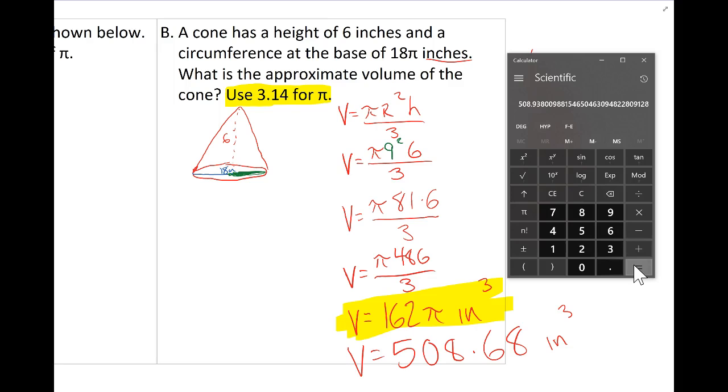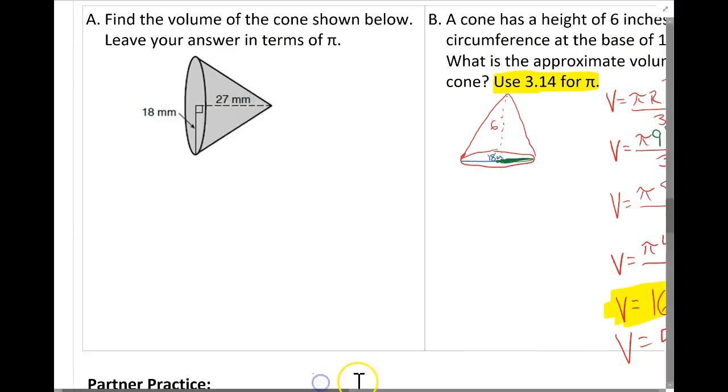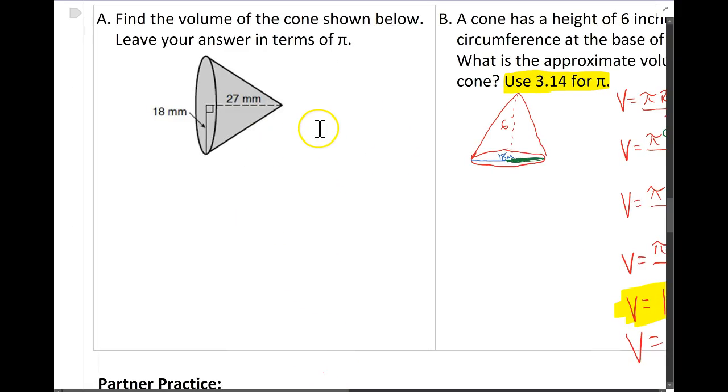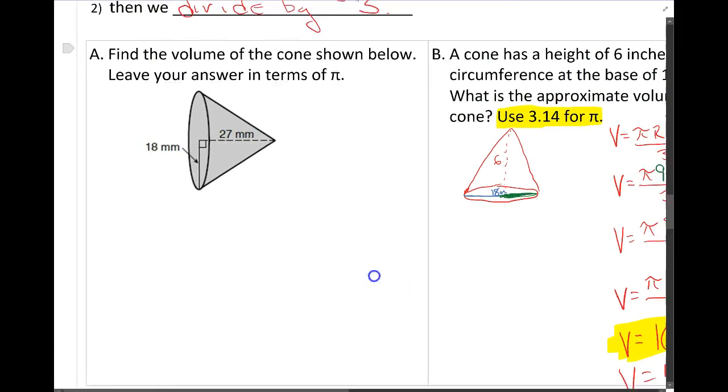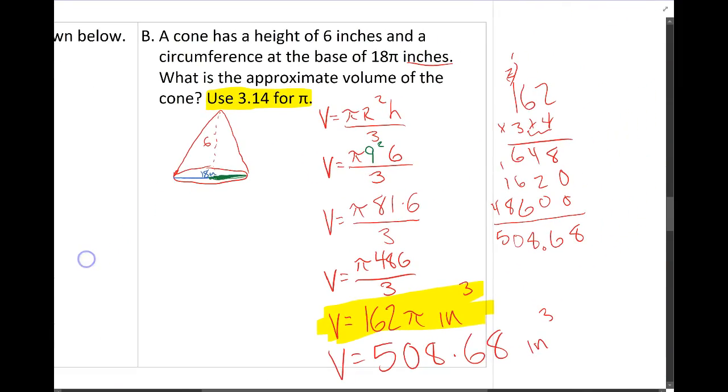My correct answer technically would be 508.93800988154650 and so on and so forth. So you see 508, that's fine. 0.68, 0.938. There's actually a pretty big difference here, which is why this answer that we got over on part A was more correct. But here it specifically says use 3.14 for pi. So that's what we did.